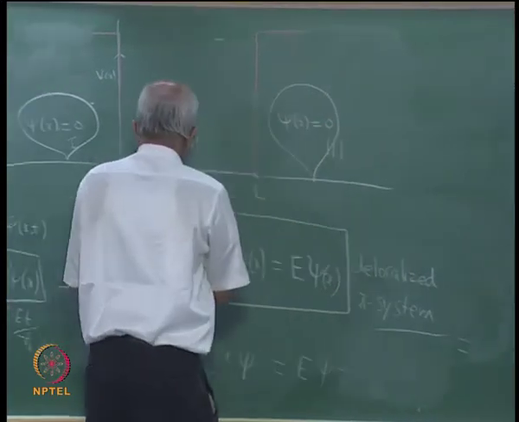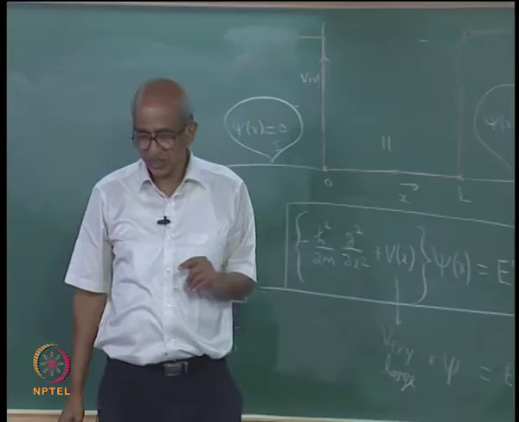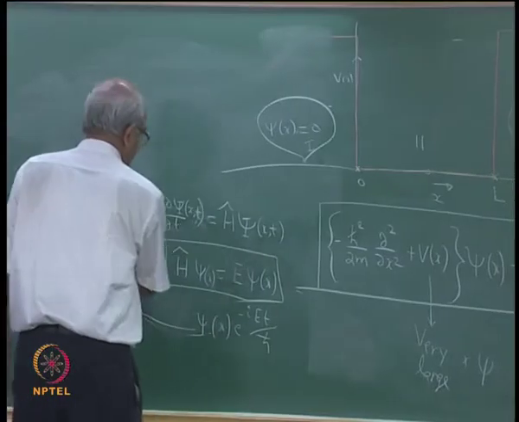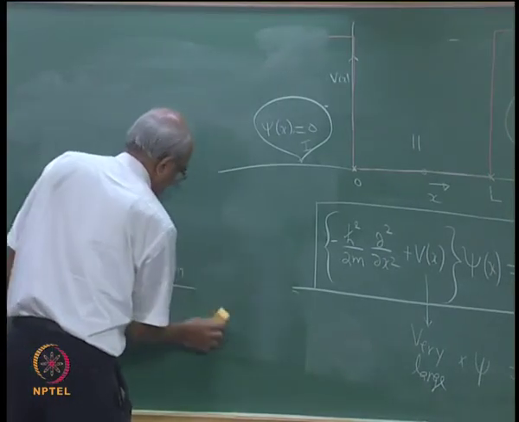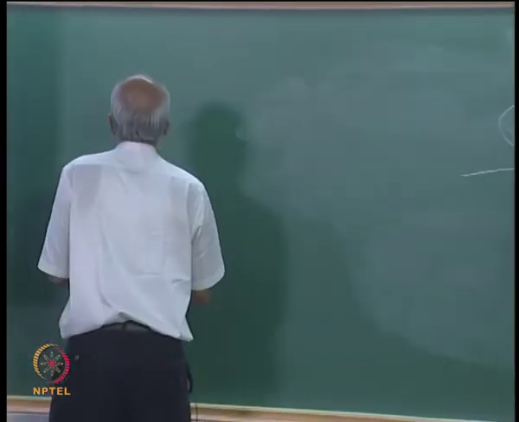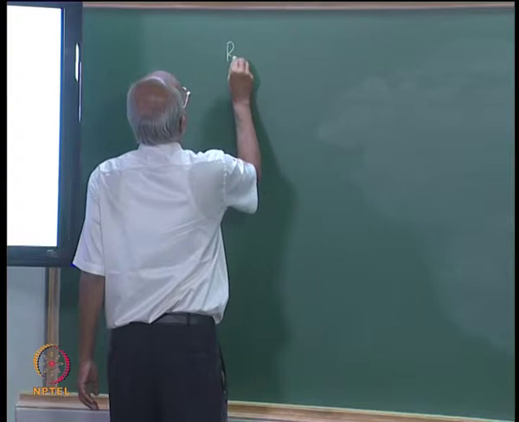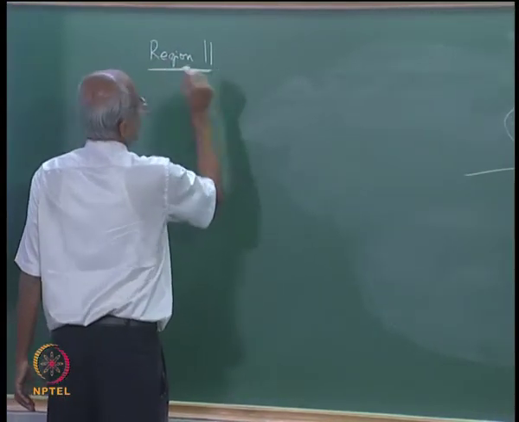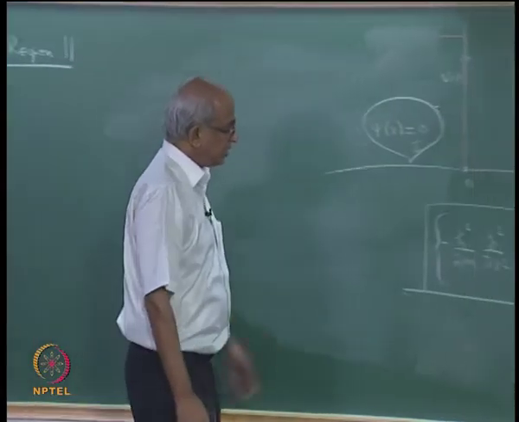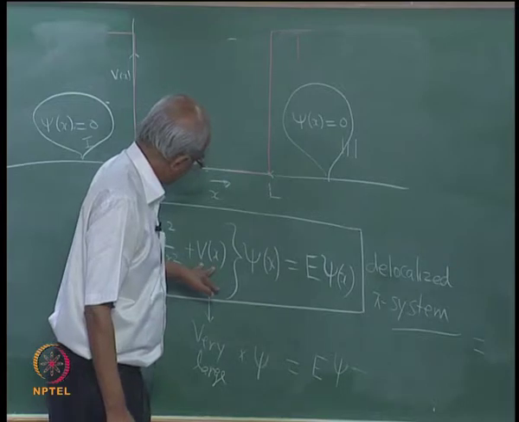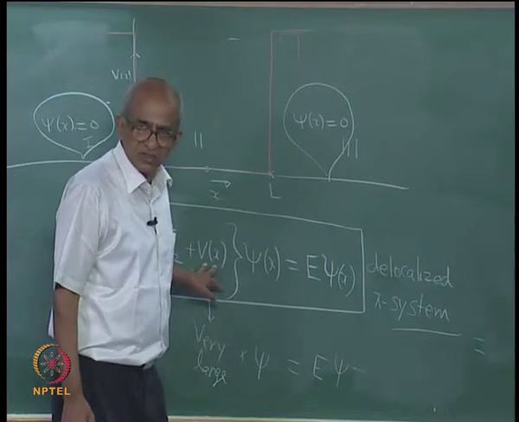What is left is to solve it in region 2, and in region 2 what happens to this equation? Well, I will have to remove this also. In that region I know that this is the equation, but V of x is 0.